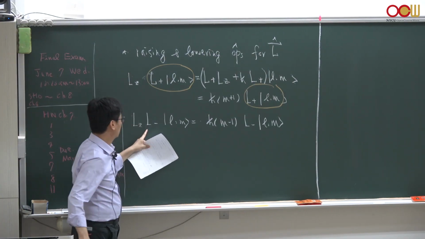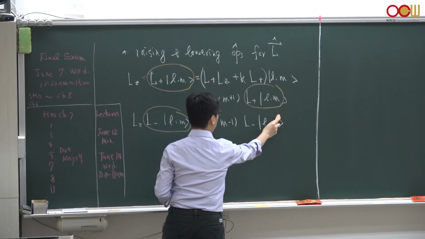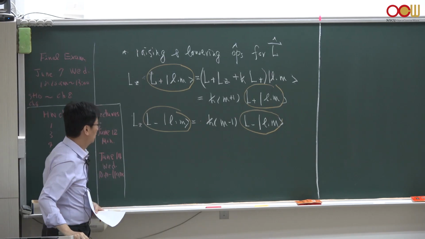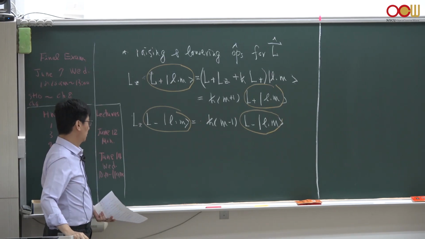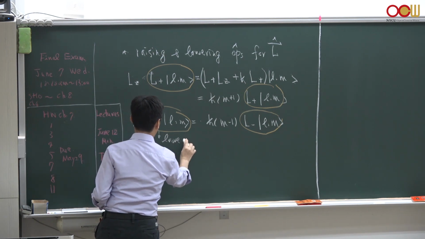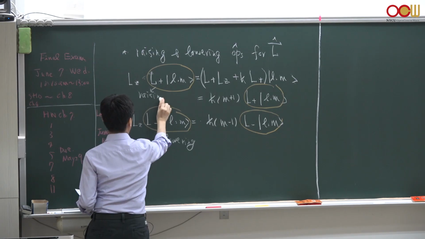Likewise, L minus acting on |l,m> is also an eigenstate of Lz, but with 1 h bar less compared to m h bar.